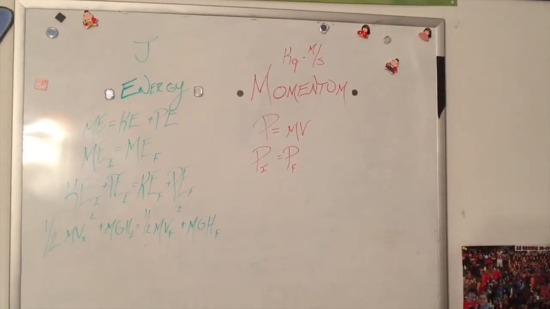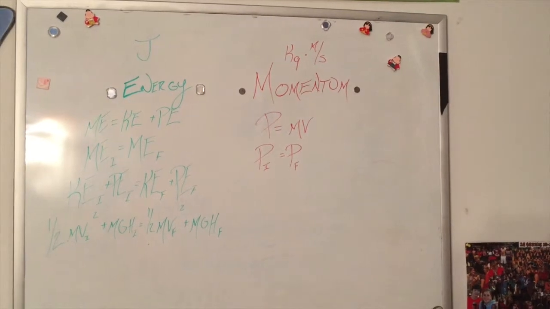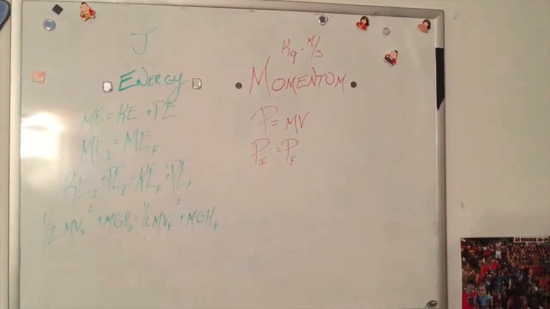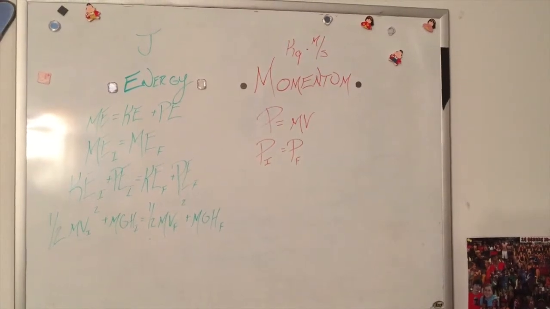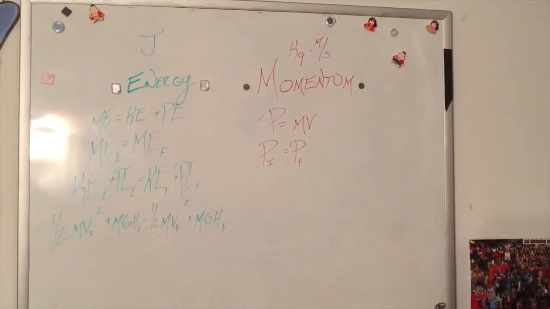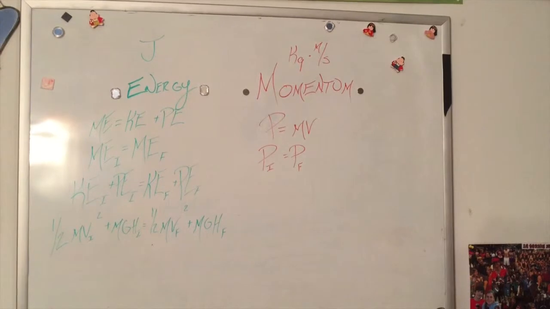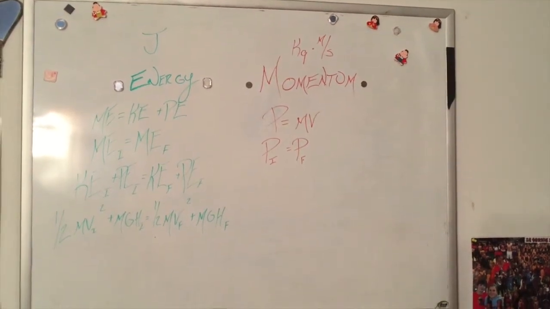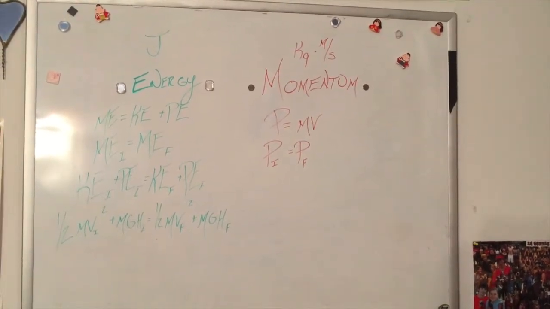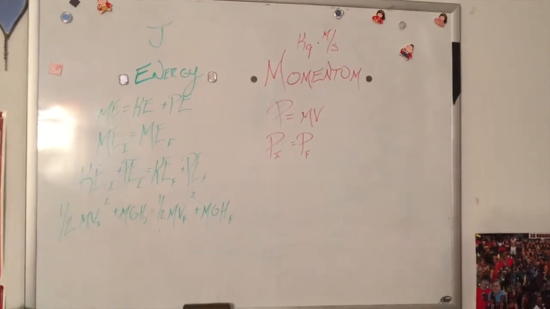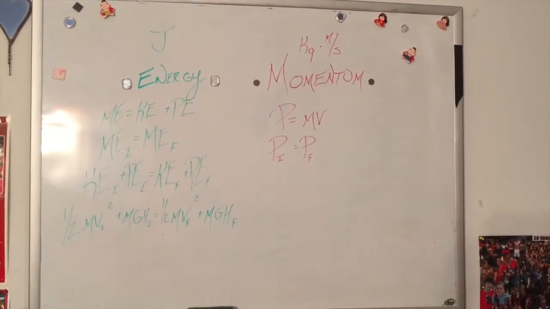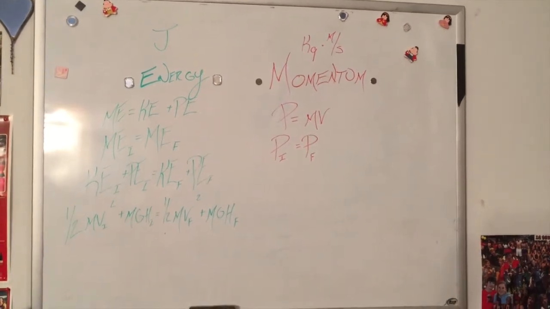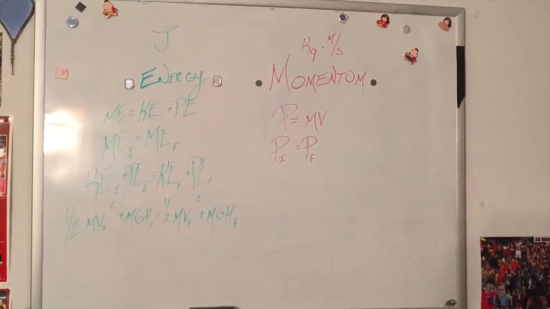What you see here are the formulas for conservation of energy and conservation of momentum. Energy's units are joules, while momentum is kilograms times meters per second. The first formula, mechanical energy, equals kinetic energy plus potential energy, because the energy must remain constant throughout the transfer.